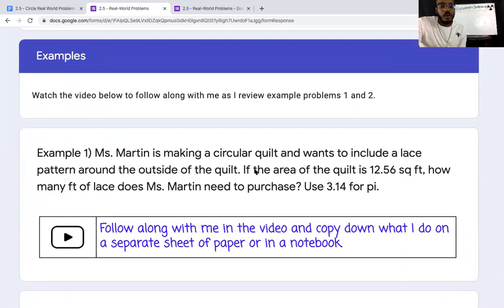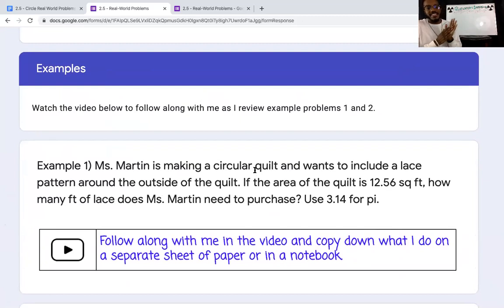All right. For me, that means that we're going to start with example number 1. Miss Martin is making a circular quilt and wants to include a lace pattern outside of the quilt. If the area of the quilt is 12.56 square feet, notice that although this is not a paper, I'm still annotating and making sure that I pull out the information. 12.56 square feet.